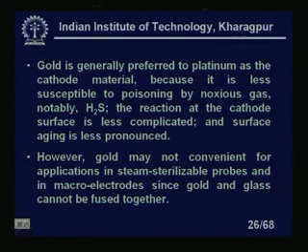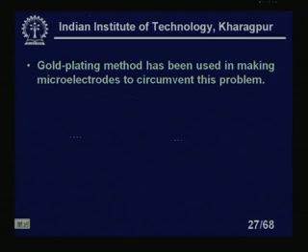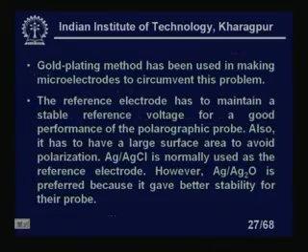So, it is a larger type of electrode. If I want to make it steam sterilizable, that is not very suitable for this type of purpose. The gold plating method has been used in making micro electrodes to circumvent these problems. So, if the macro electrode is not possible, the micro electrode is possible.